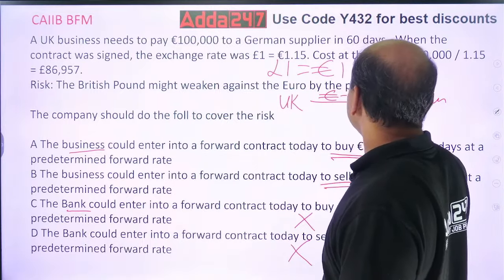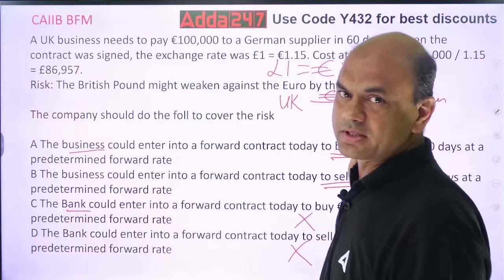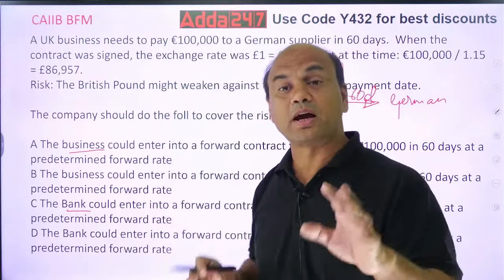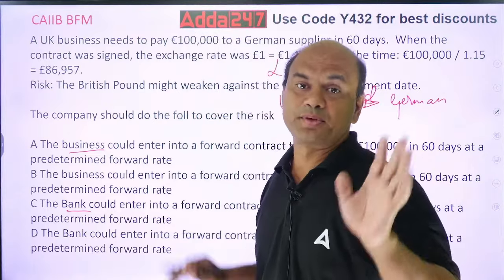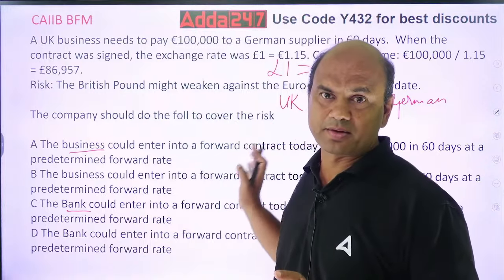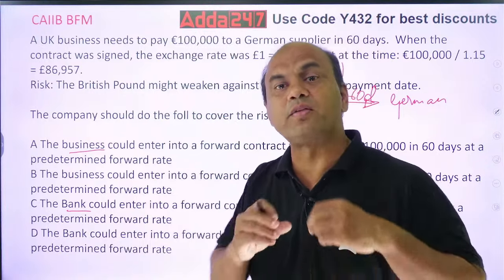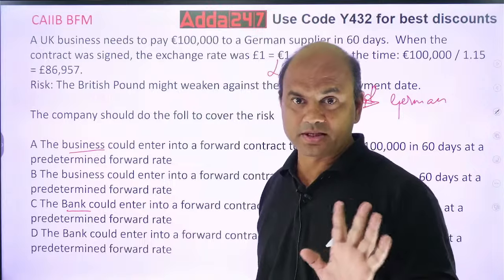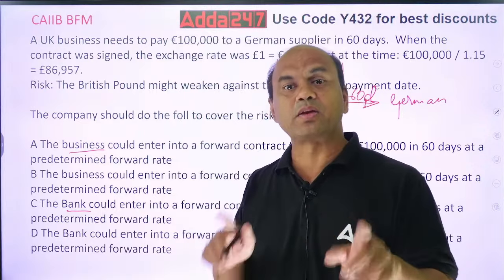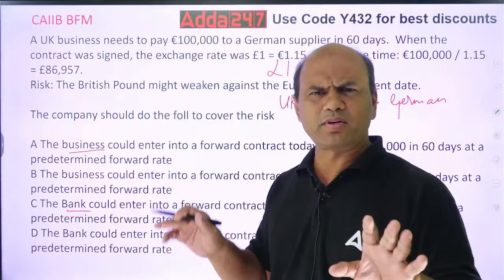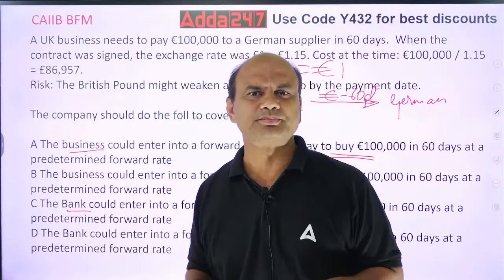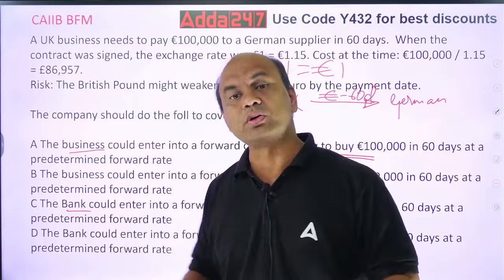So if euros are to go out after 60 days, I'll have to sell euros after 60 days to this German supplier. Now again remember, there are only two currencies everywhere. So I have to give euro, so what should I get back?